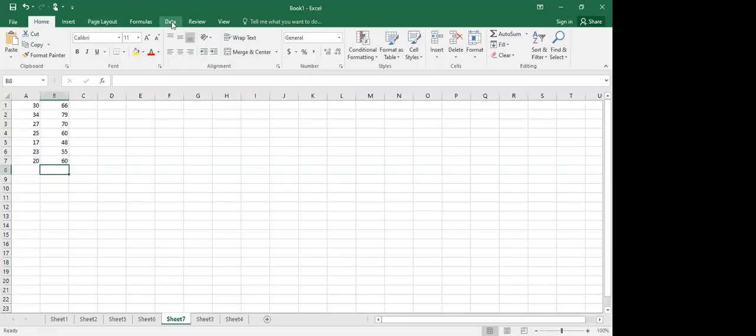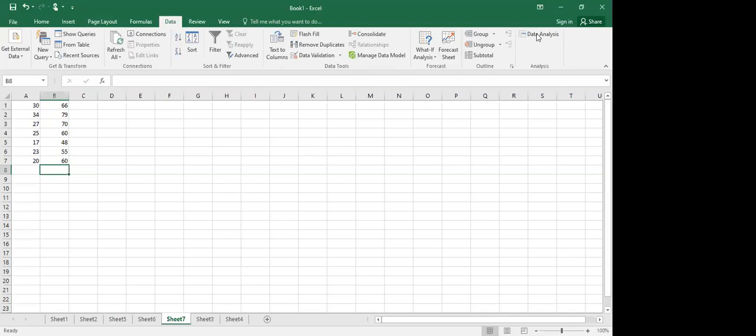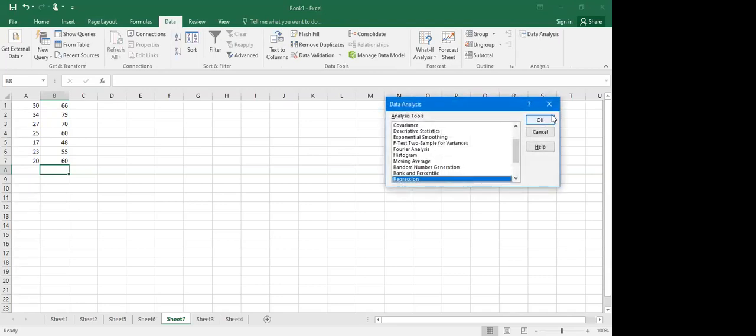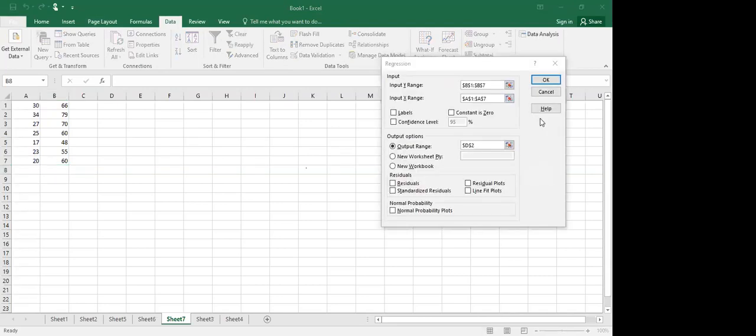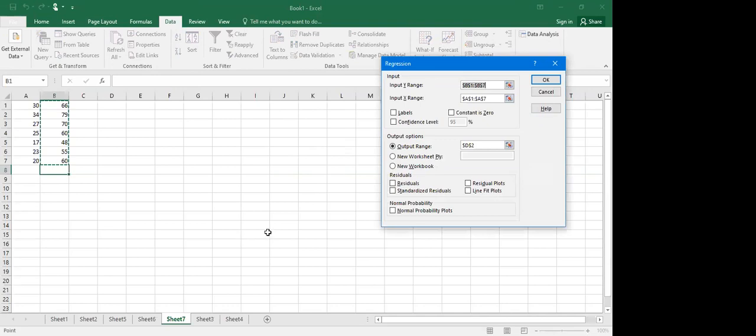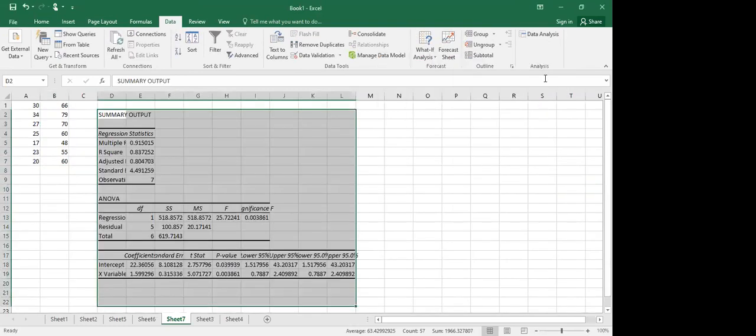So then next we go to data analysis, regression. We still have the same input ranges, essentially the same thing, and we can click OK.